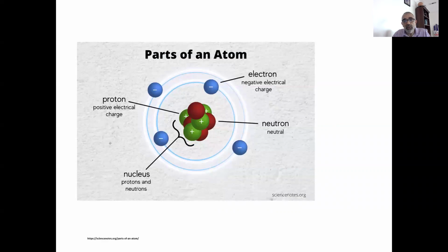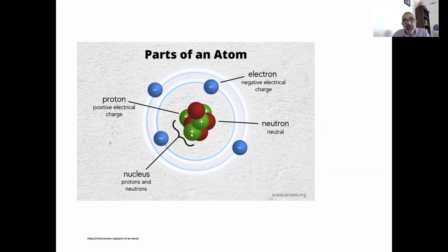And to flesh it out just a little bit, we also remember that this nucleus is made up of protons and neutrons, that the protons are positively charged and the neutrons do not carry a charge. They're neutral and they're packed in together, and spinning around the outside are the electrons, which are negatively charged.